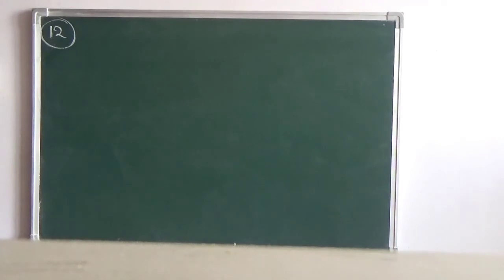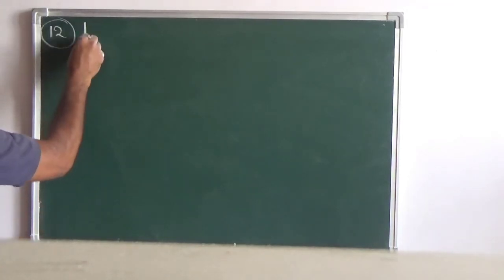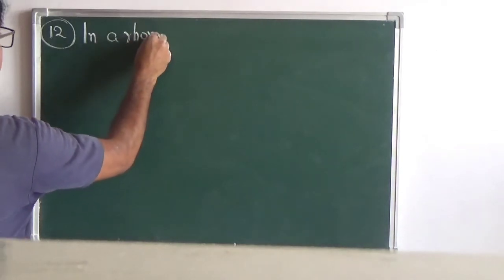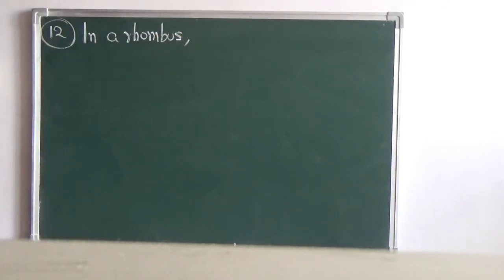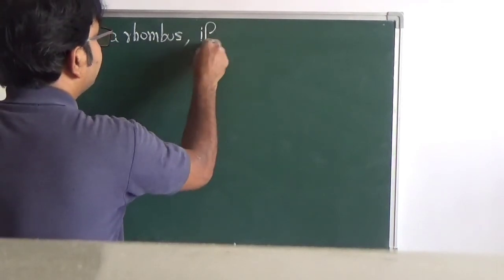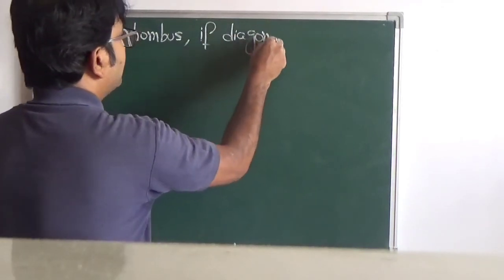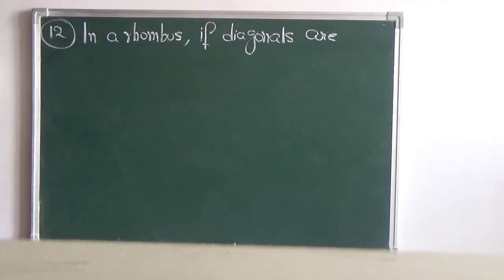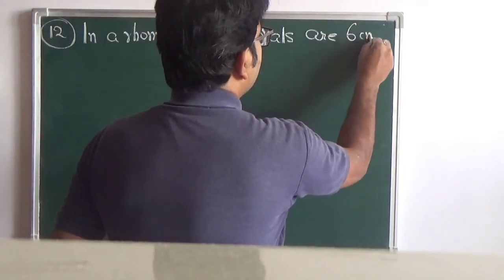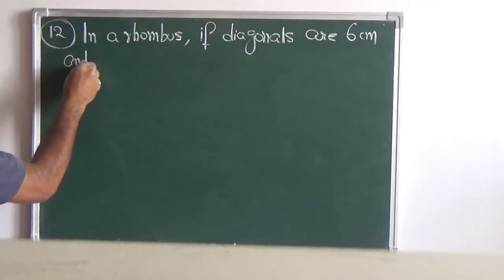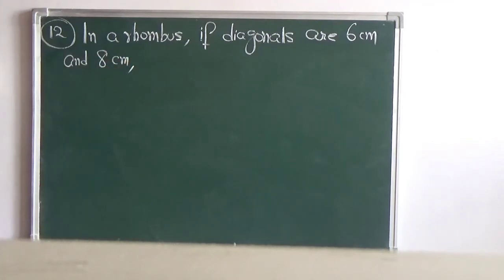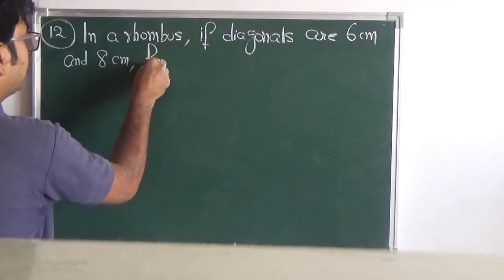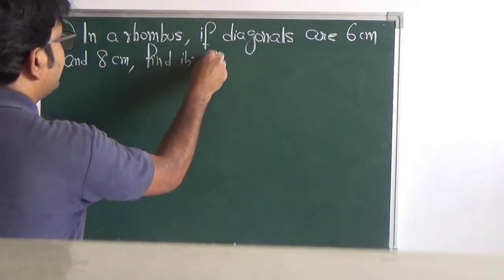In a rhombus, if diagonals are 6 centimeters and 8 centimeters, find its sides.